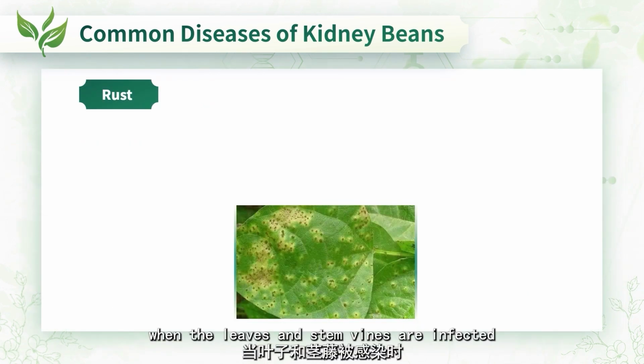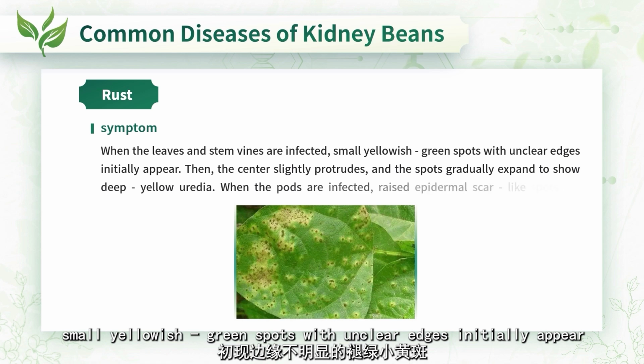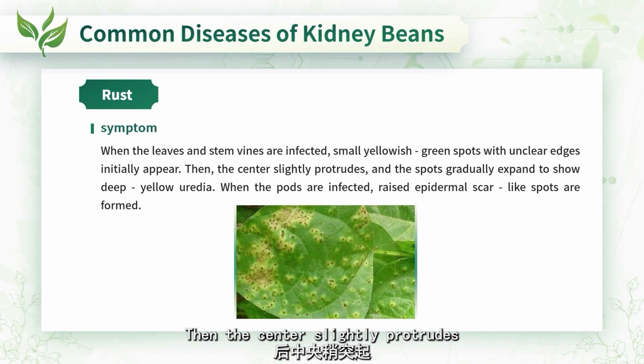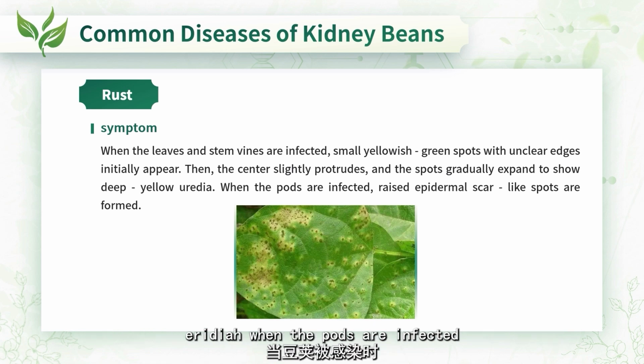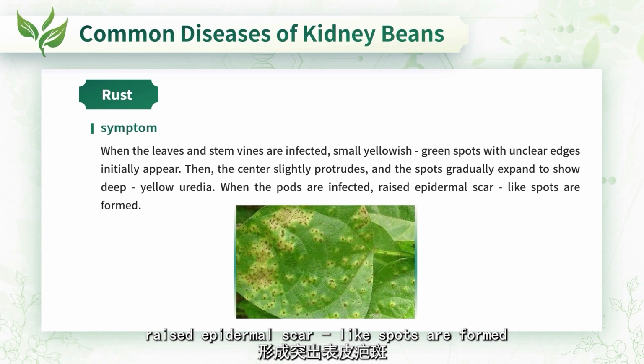Rust. When the leaves and stem vines are infected, small yellowish-green spots with unclear edges initially appear. Then, the center slightly protrudes, and the spots gradually expand to show deep yellow uredia. When the pods are infected, raised epidermal scar-like spots are formed.